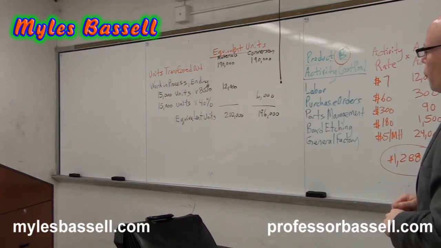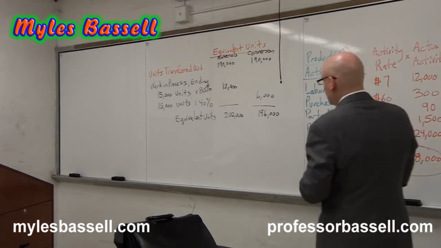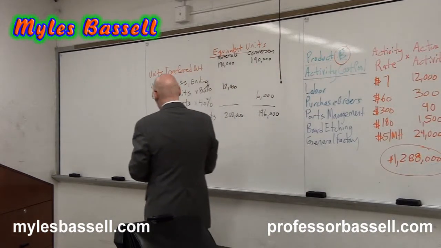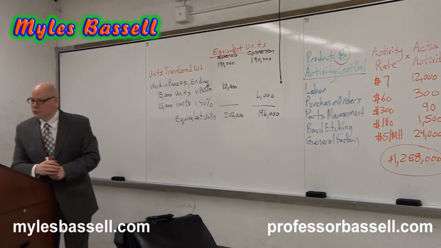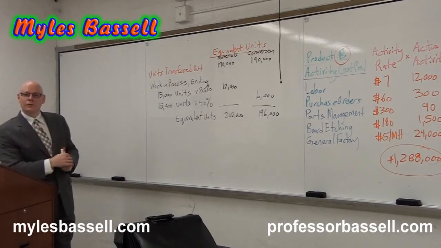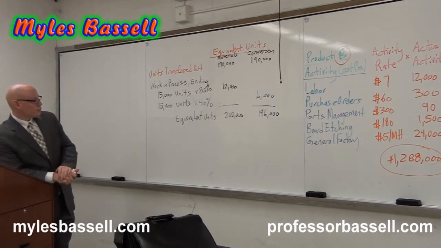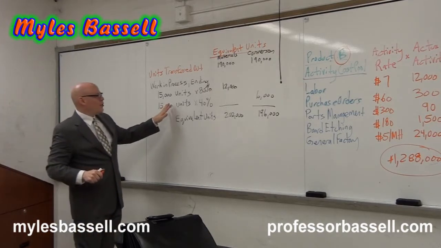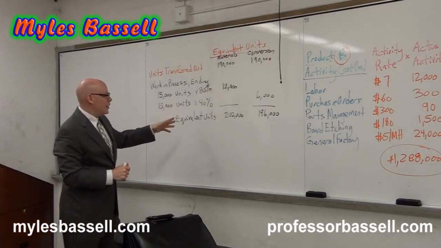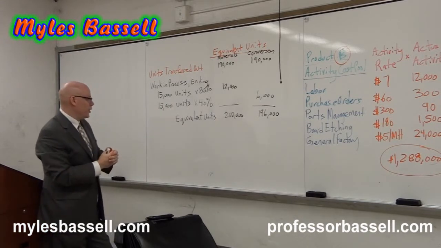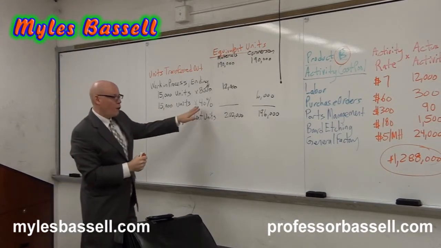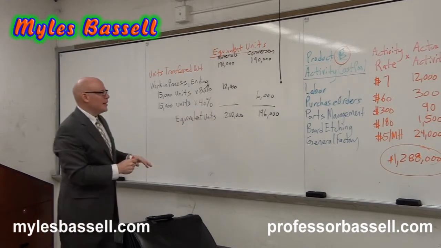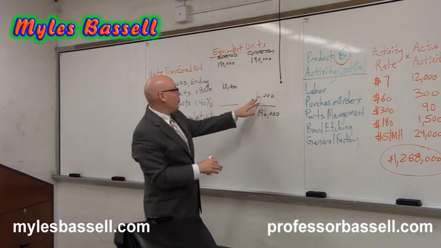So total conversion was 196,000. All right, first you did 15,000 units times 80%, right? Yes. All right, what's the next step? Then we need to look at what percentage was converted, they tell us, which is 40%. That's how we get 6,000 units.